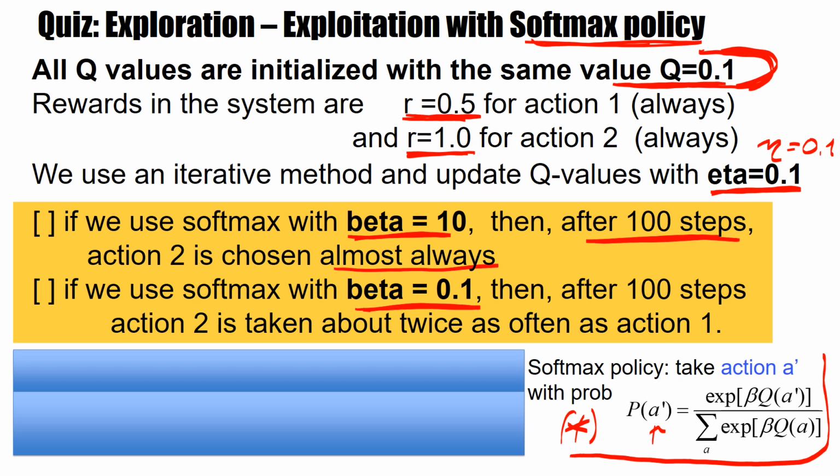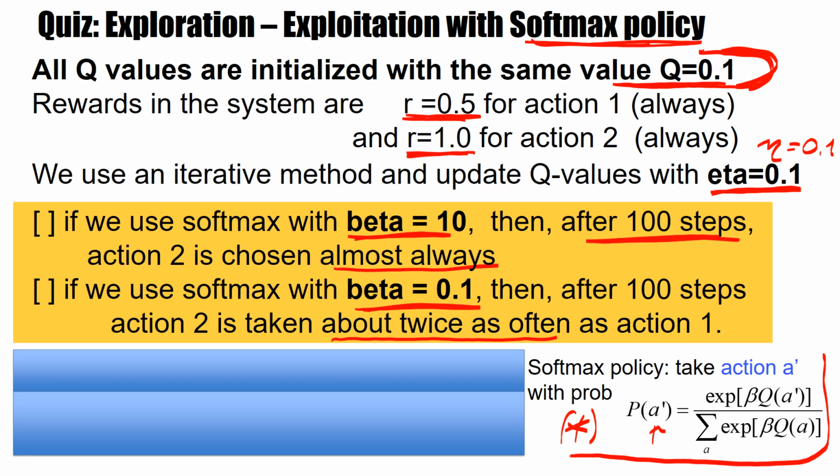Second claim is, if you use Softmax with beta equal 0.1, then after 100 steps, action 2 is taken about twice as often as action 1. Is this correct? Now you have to take out pen and paper and just do a couple of estimations. Don't think of an exact calculation, just a couple of estimations. And we pause the video for that time, and then I give the answer.